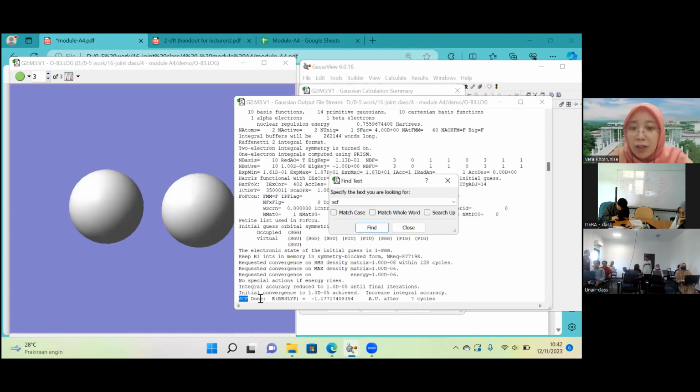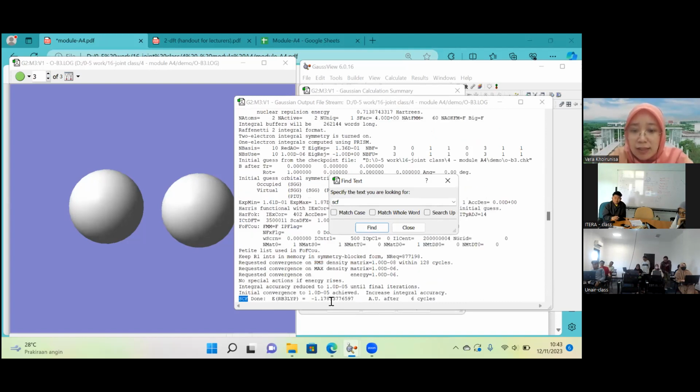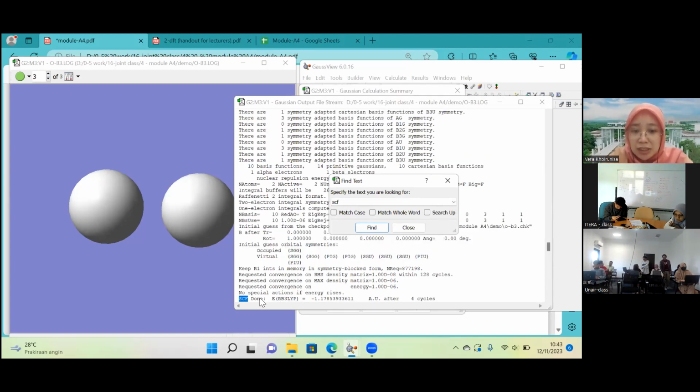I'm looking for SCF done. So this will be the first SCF done with the 7th cycle. And then the second SCF done with the 6th cycle. And then the third SCF done with 4 cycles.